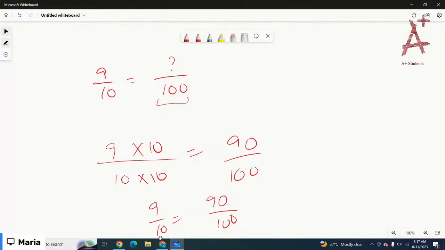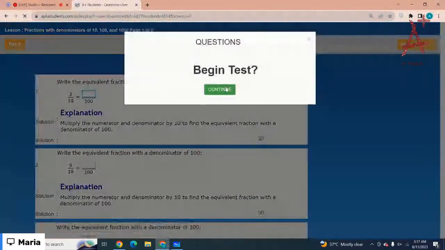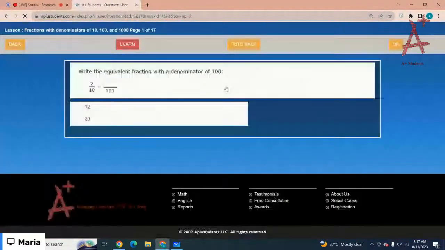Let's just start with the practice questions. Write the equivalent fraction with a denominator of 100. You have to write down an equivalent fraction of 2 over 10 that has the denominator 100.